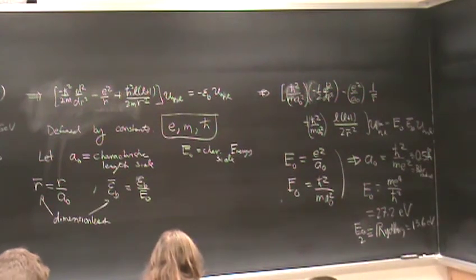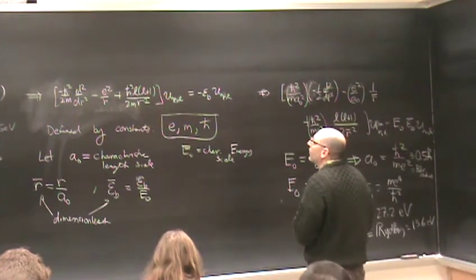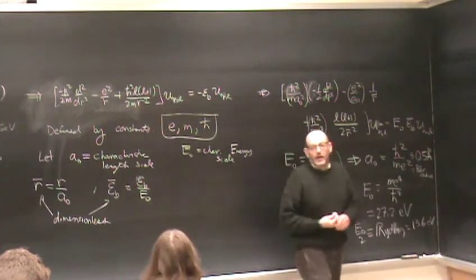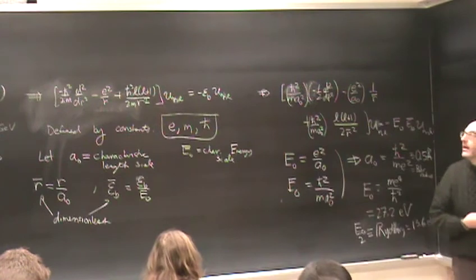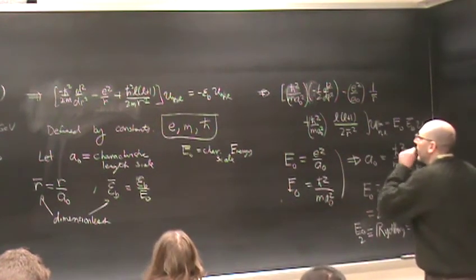All right, so now we are at the point where we can try to solve this, and we'll just get started on it and we'll finish it next time. So let's take a look at our equation.